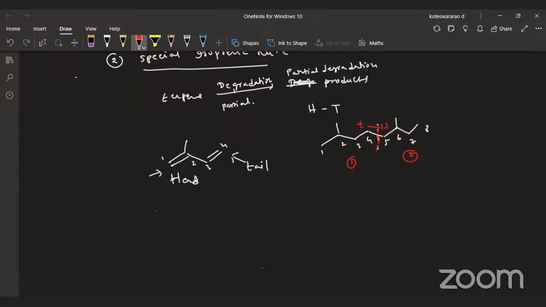You forget about the systematic construction in your book. You just write this. What is the special isoprene rule?